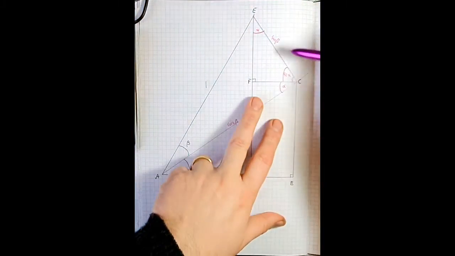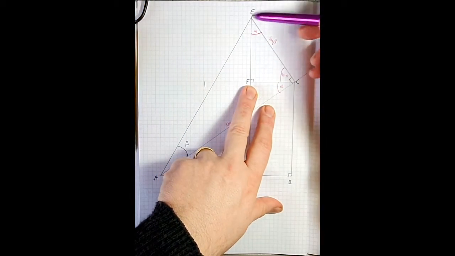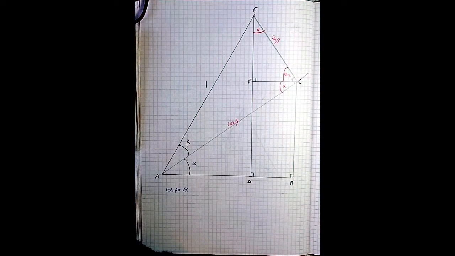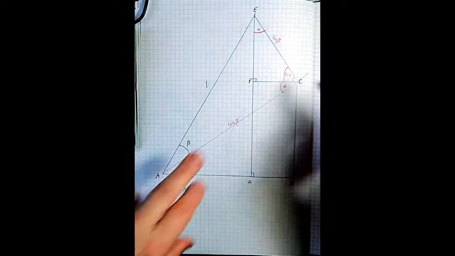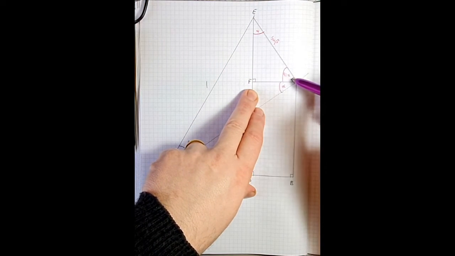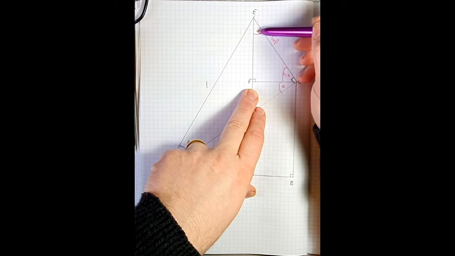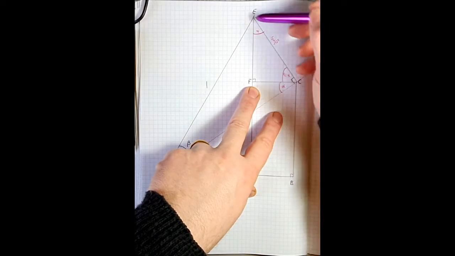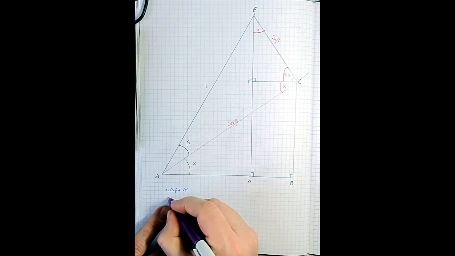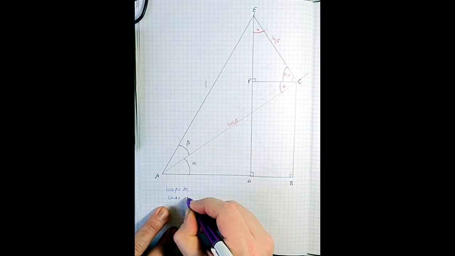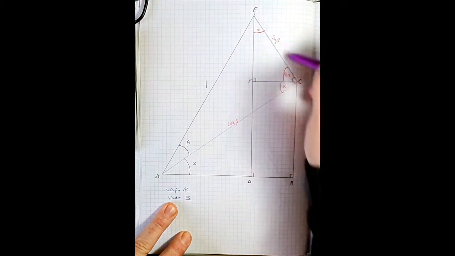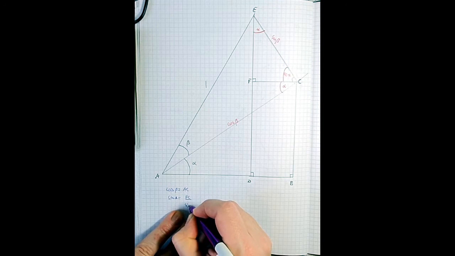Now I can look at this triangle here. If you think about FC, the sine of alpha is FC over the hypotenuse. So sine alpha is FC over sine beta.